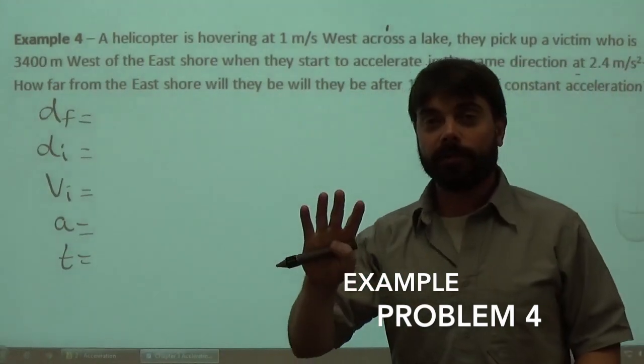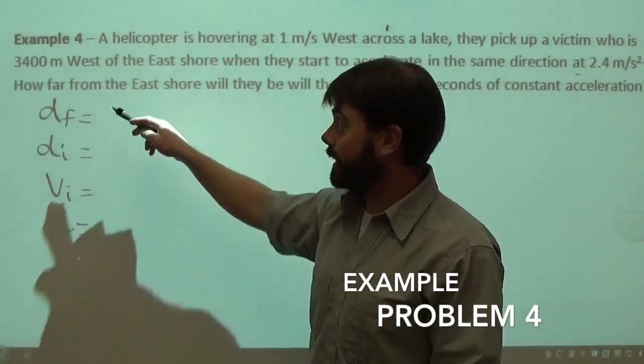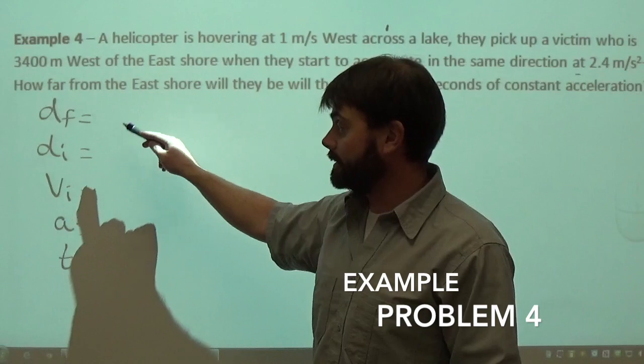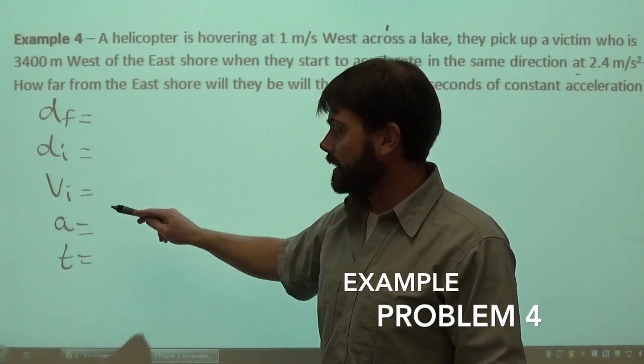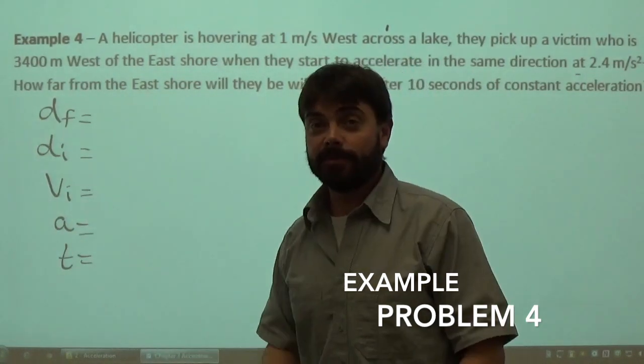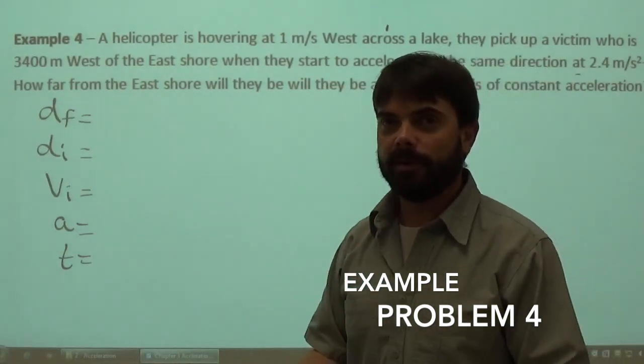In example 4, we have more variables to list. We got distance final, distance initial, velocity initial, acceleration, and time. So we'll list the ones we know and see which one is the unknown.